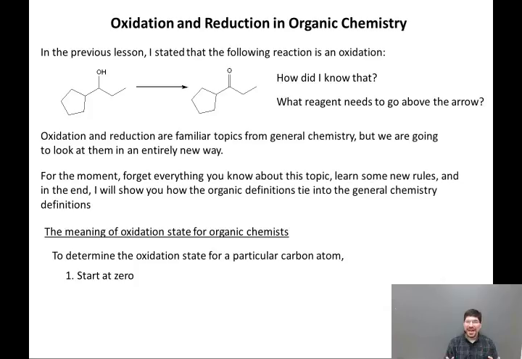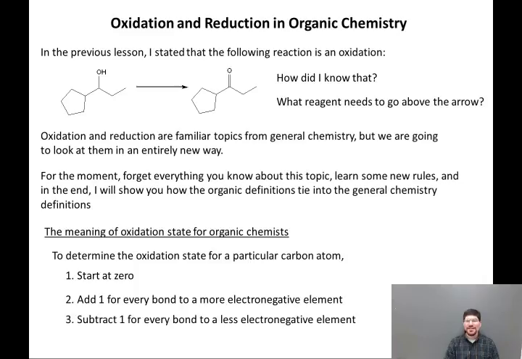That's defined as the oxidation state for an element in all of chemistry. So start by making believe you have an elemental carbon and start with 0. Then add 1 for every bond to a more electronegative element, and subtract 1 for every bond to a less electronegative element. This will only become clear by looking at some examples.